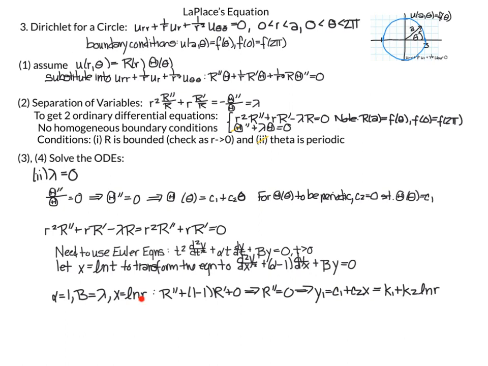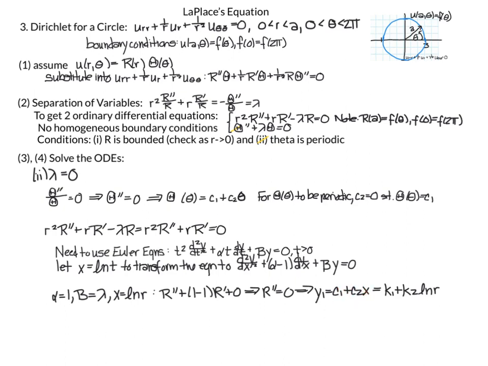Then x is equal to natural log of r, so we can convert it to this equation, which is r double prime plus alpha minus 1, which is just 1 minus 1, times r prime, plus beta, and my beta here is equal to 0, so I'm going to have the 0 here. So what I get is r double prime is equal to 0, and when we have the second derivative equal to 0, that means our function y is equal to a constant plus possibly a constant times x.